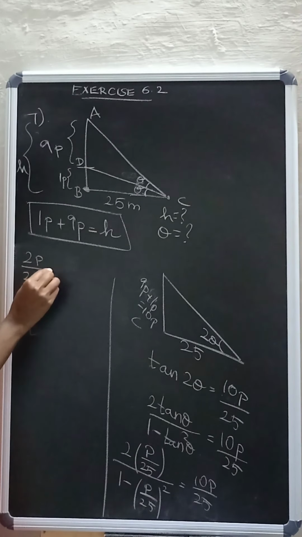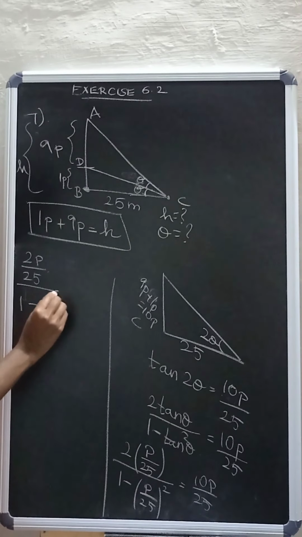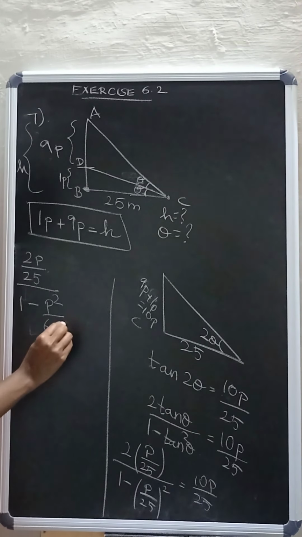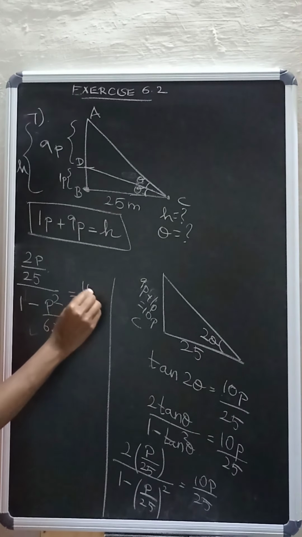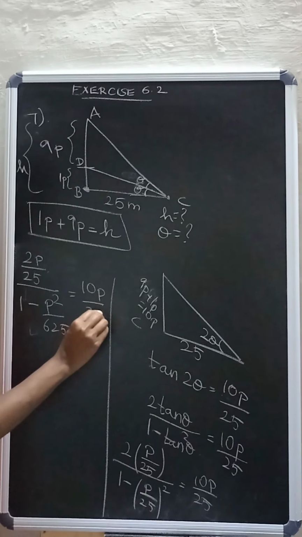2 into p by 25 divided by 1 minus p square divided by 625. 25 into 25 is 625. Is equal to 10p by 25.